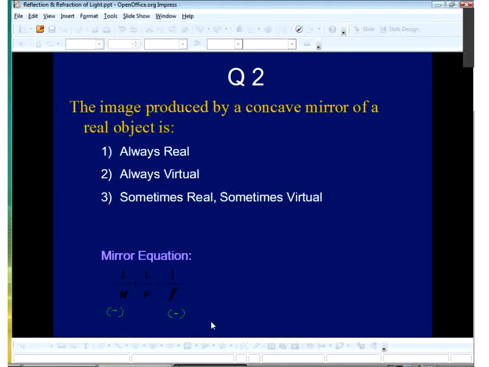When one negative is subtracted from another negative, how can we say the result will always be negative or always be positive? And what if V becomes negative? Image is on the right side, right side where no rays can exist.